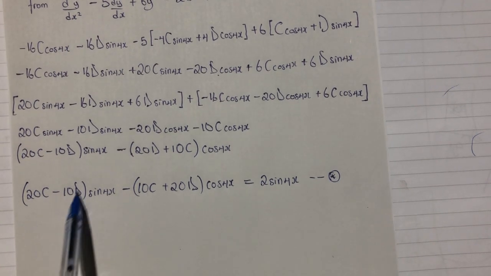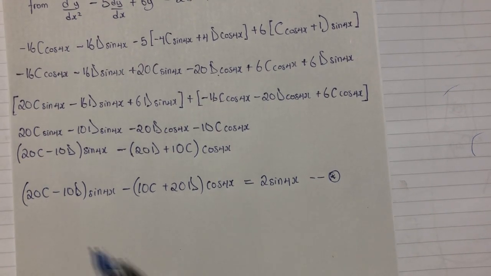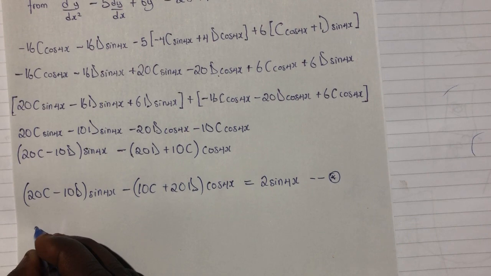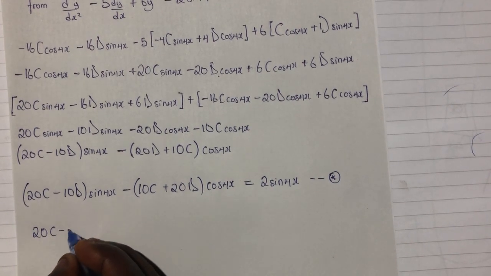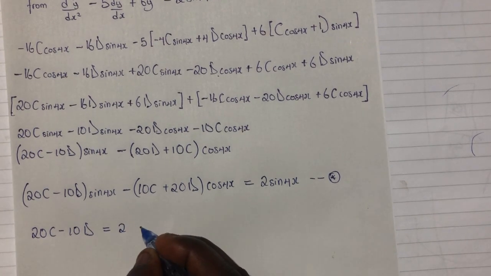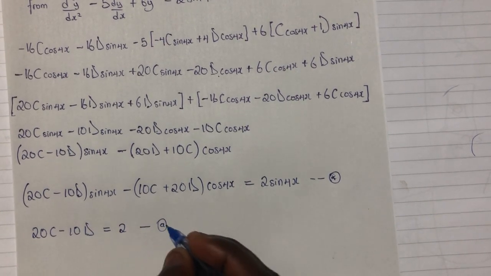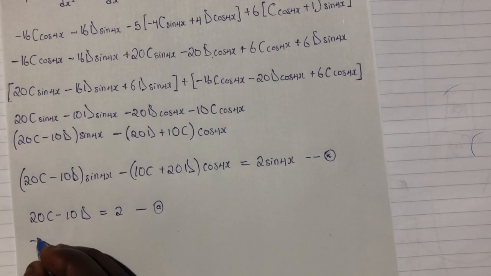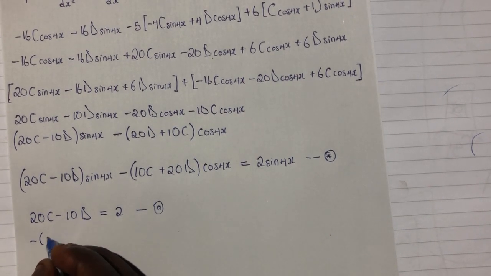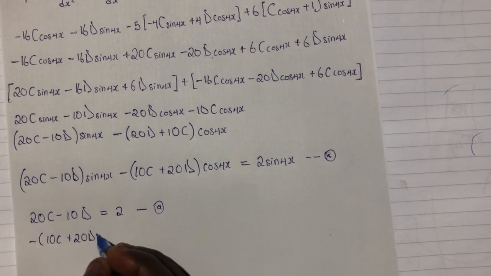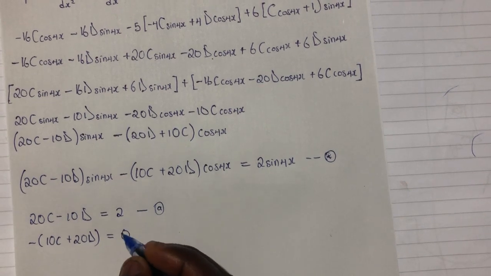So now let's do that. Let's compare the coefficients here with the coefficients here. So now we are using what we call the k, as I spoke of earlier. So we have 20c minus 10d equal to 2, and let's name this one equation A. And then minus 10c plus 20d equals 0.